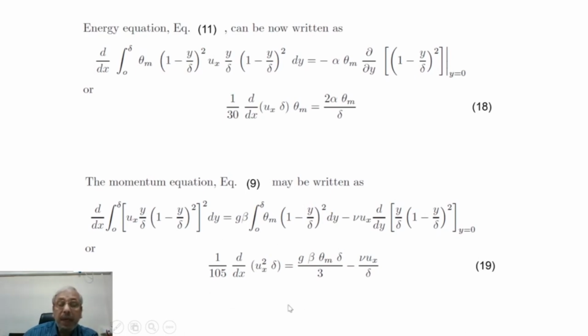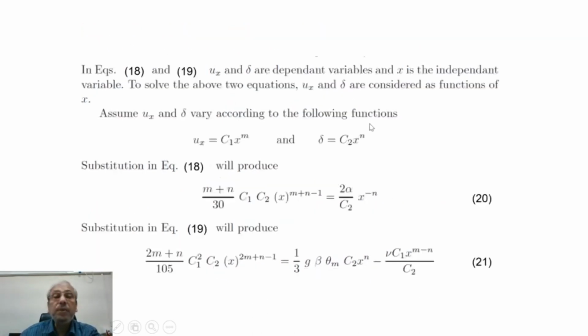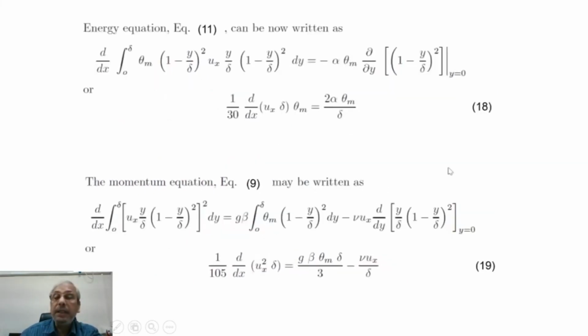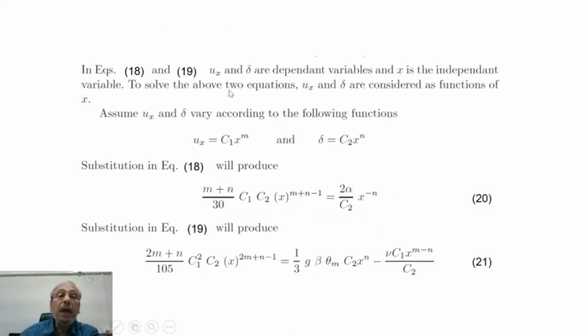So from the momentum balance we get this, and from the energy integral equation we get this equation, and we have to see how these two equations can now be solved. In those two equations, 18 and 19, Ux and delta are the dependent variables and x is the independent variable.